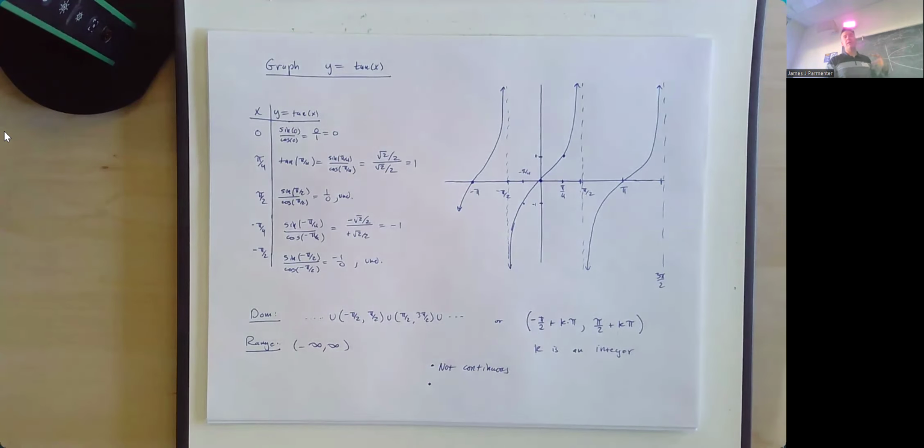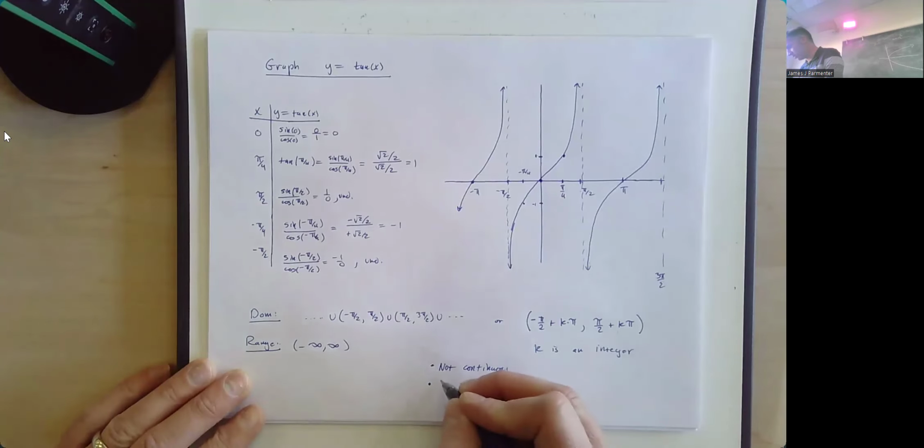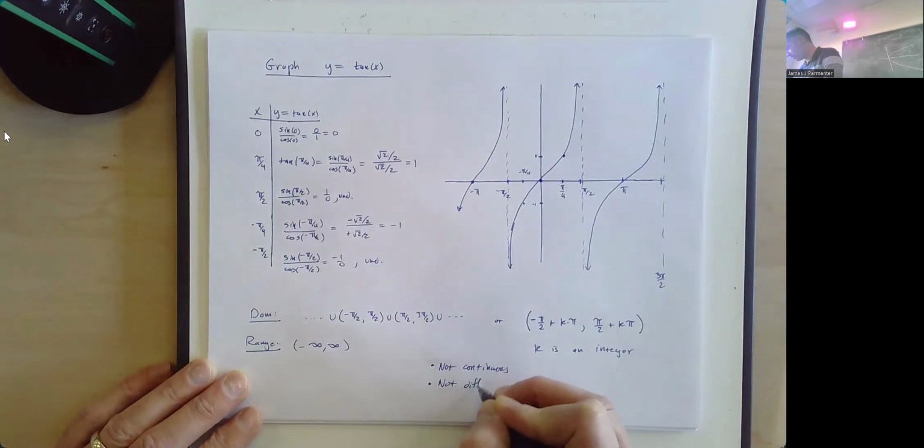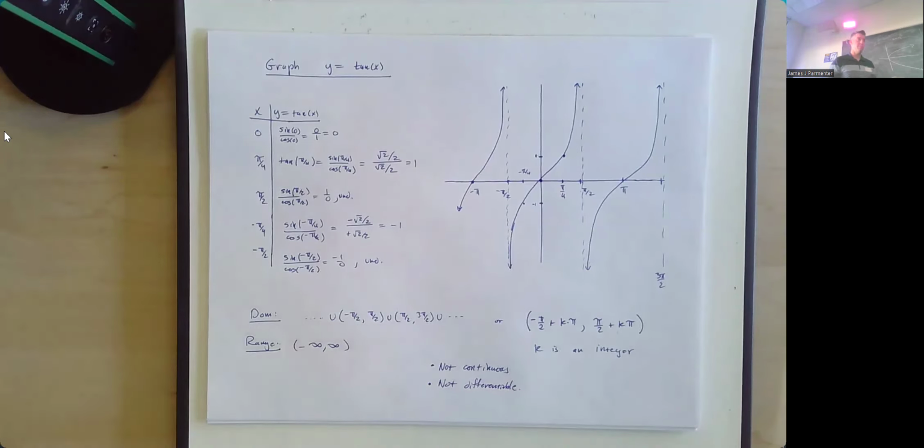Because just like what I said before, and again, this is something we haven't learned yet, but I'm going to say it: continuity is a requirement for differentiability. A function has to be continuous to be able to be differentiable. It has to exist. It has to be defined to be able to be differentiable. So definitely not. But I'm going to say something extra here because this is actually what we really care about. Although this function is not differentiable everywhere, definitely not at pi over 2 or 3 pi over 2 or any of the places where there's a vertical asymptote, like most functions, it is differentiable on its domain.